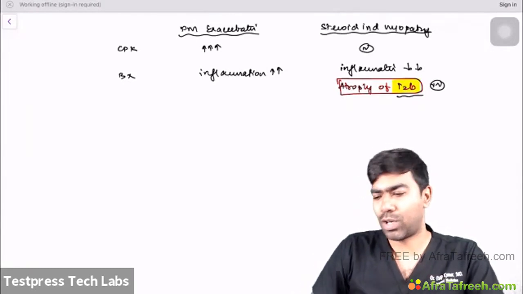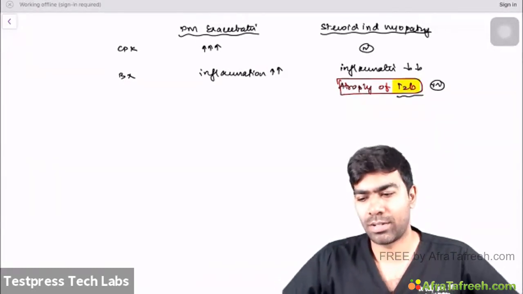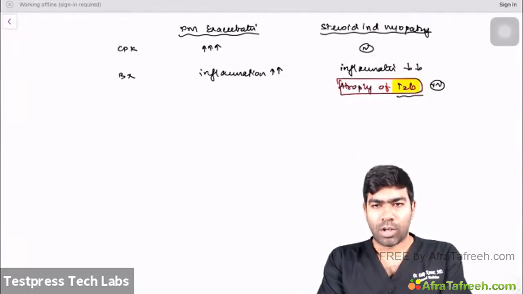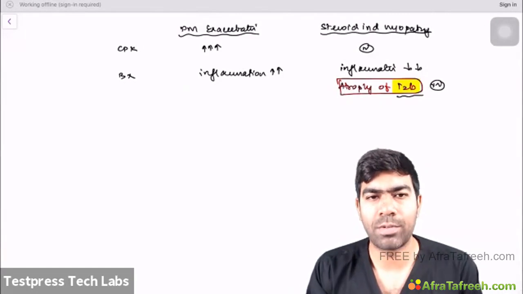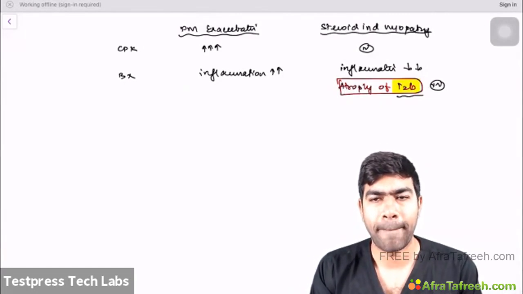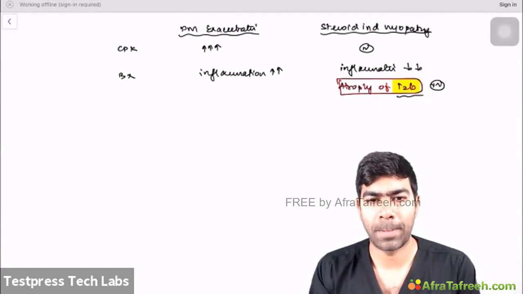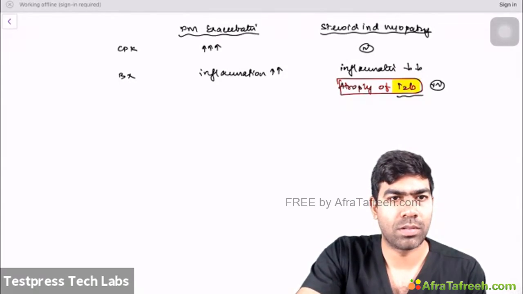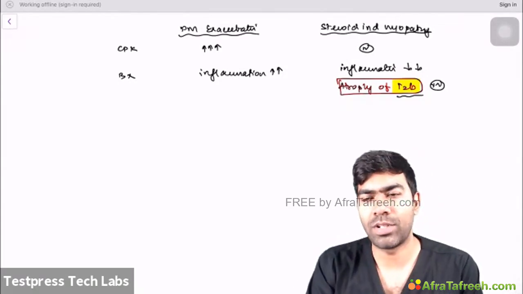So what is the difference between type 1 and type 2 fibers? I don't want to write it out, because that's a typical physiology level topic. What is type 1? Let us assume type 1 is red or type 2 is red.